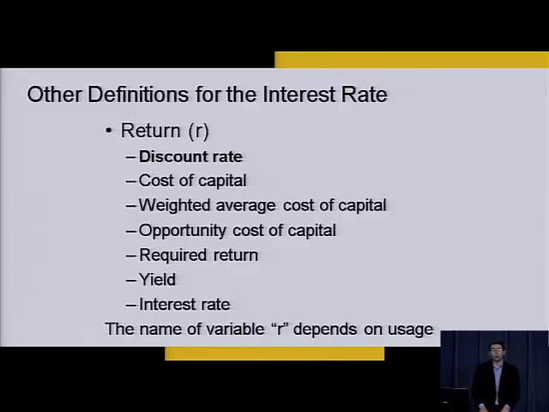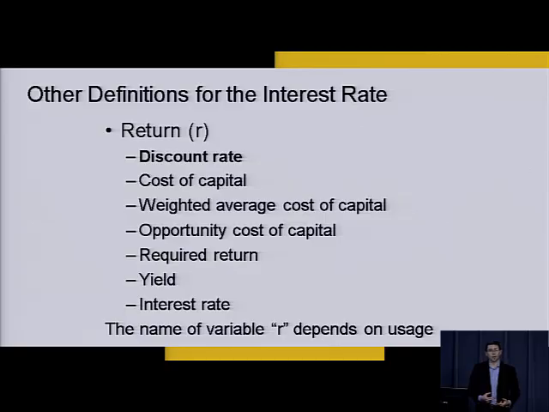One final point I want to make with regard to the return, and that is that throughout this course and in the field of finance in general, we have a huge number of terms that we use to refer to a return. So for example, when we get to bonds, we might refer to the return on a bond investment as the yield or the interest rate.